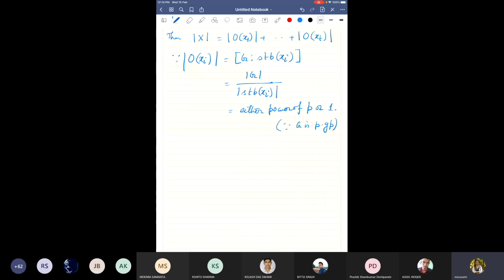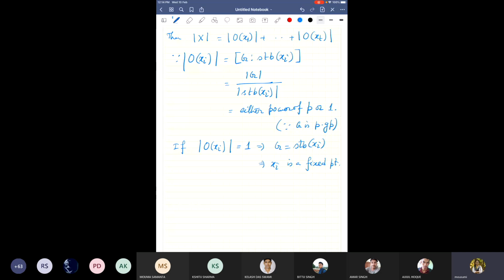Now, if the cardinality of the orbit is equal to 1, what does that mean? This means G is the stabilizer of xi, so all the elements of the group fix xi. That means xi is a fixed point.